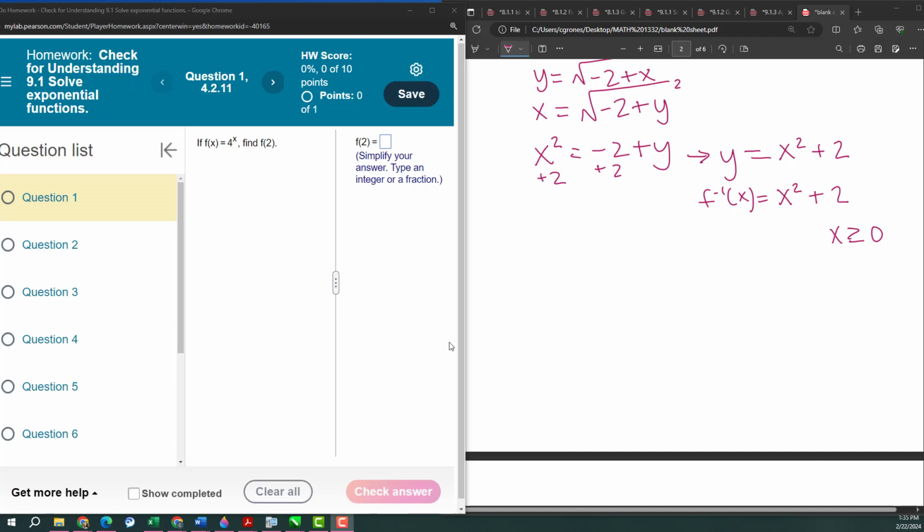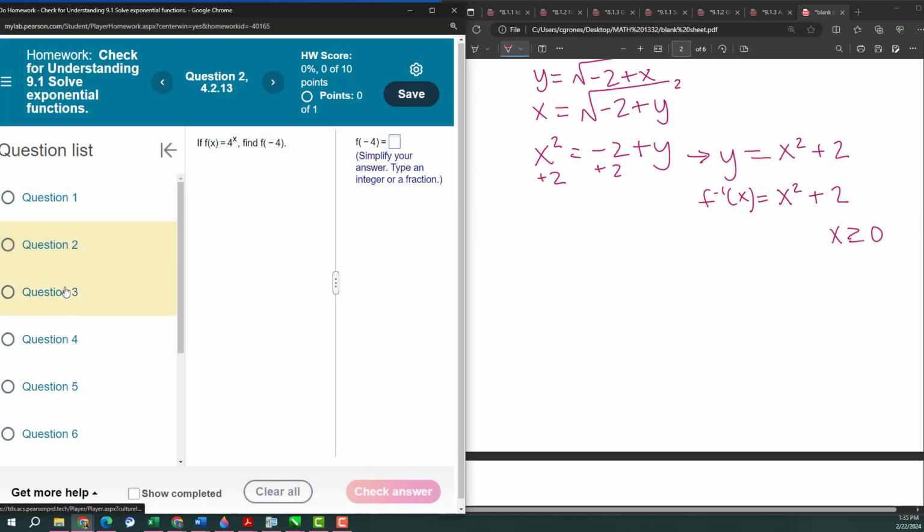All right, so questions to look out for on the test on Module 9. Remember, the Module 8 and Module 9 assessment is going to be combined. So for the 9.1 homework, we are given a function and you're going to be plugging in a given value for x.